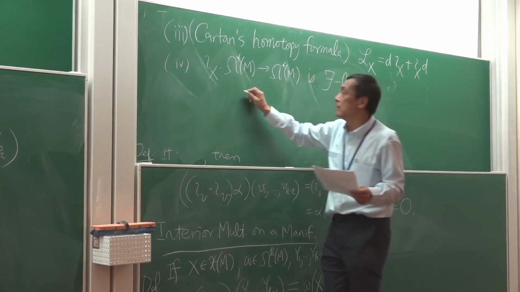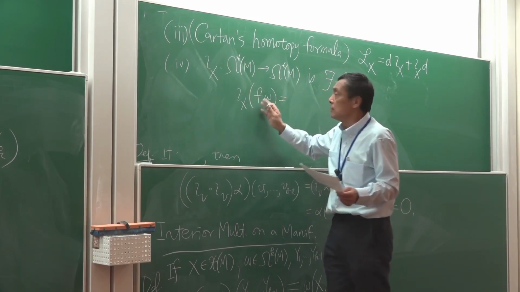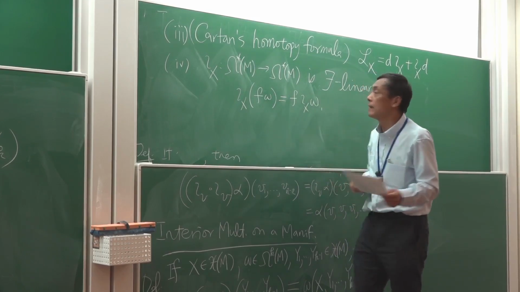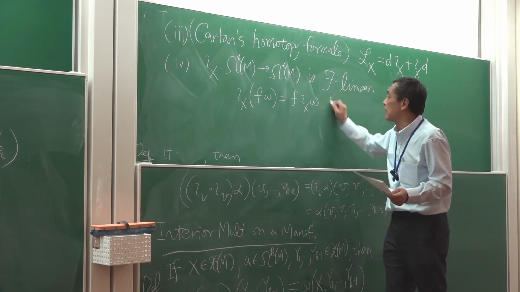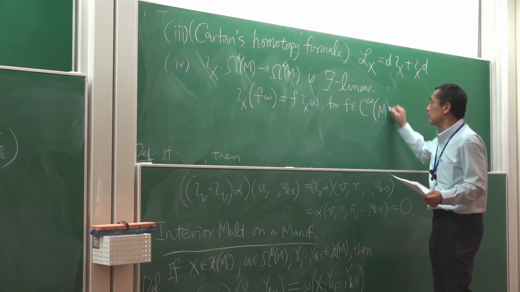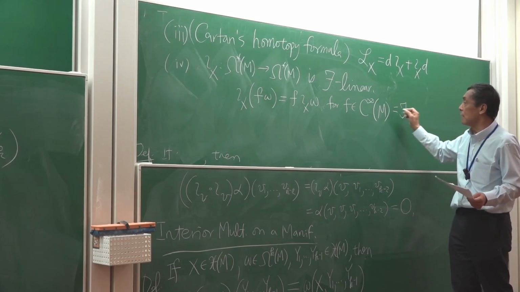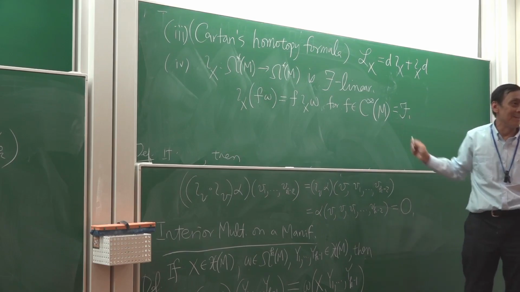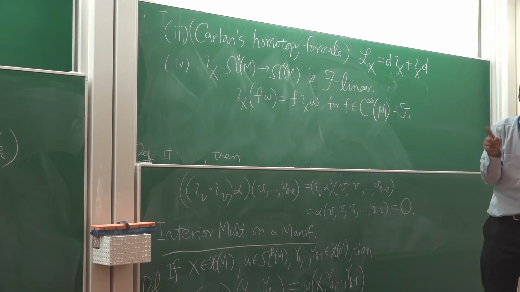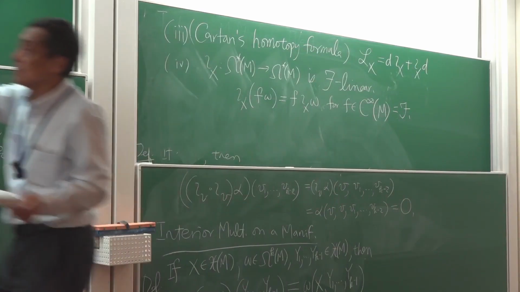That means Ix of f omega is f Ix of omega, for f a C infinity function on M. And that I sometimes write as capital F. So interior multiplication is F linear, but the Lie derivative is not F linear.